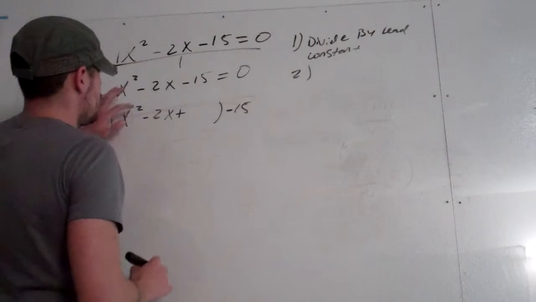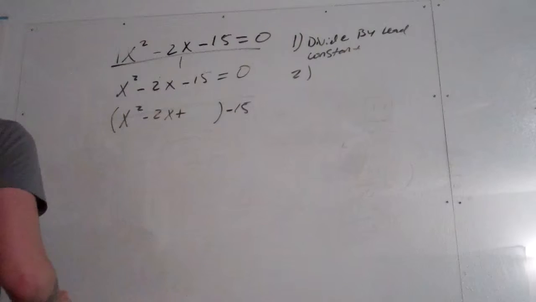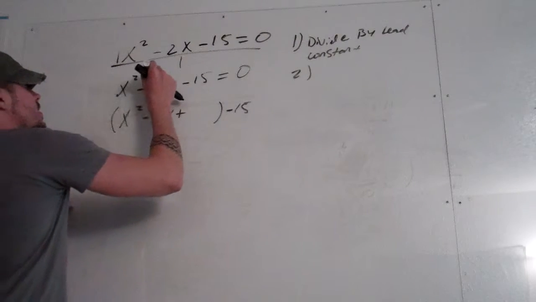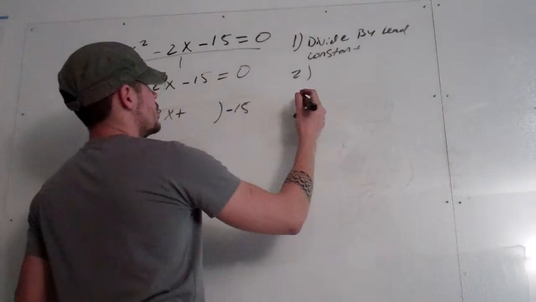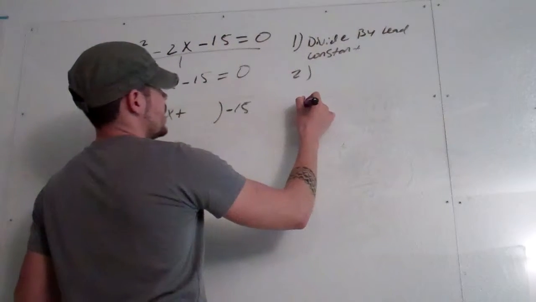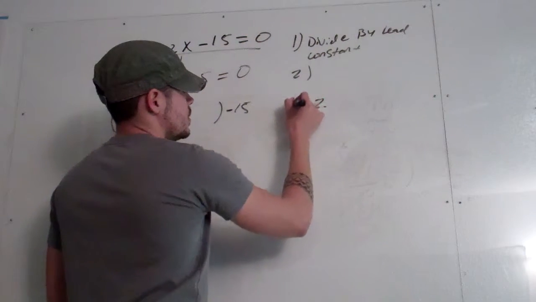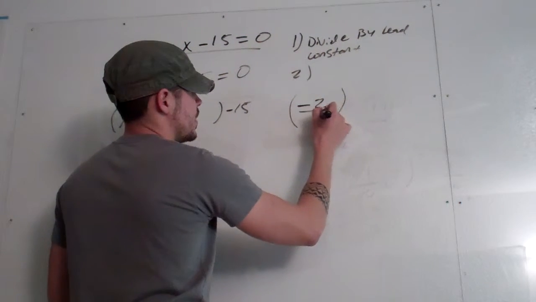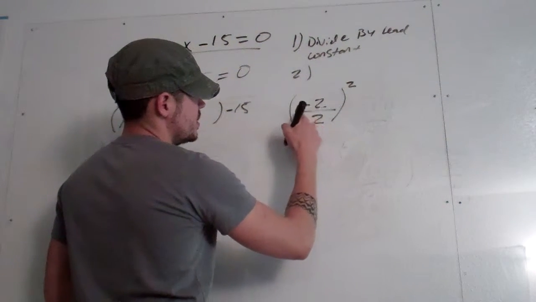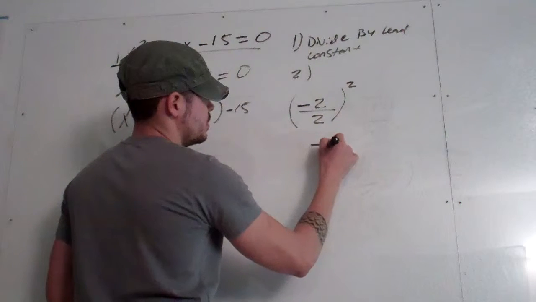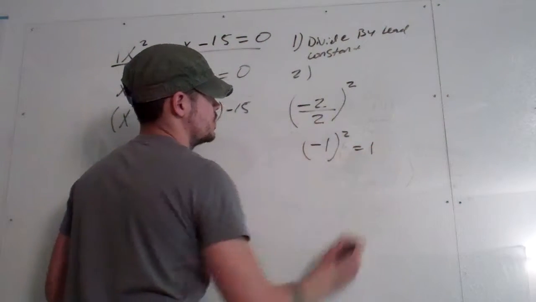Now, we want to take this b term right here, negative 2, in parentheses, divide that by 2, and square it. So what do you get? Negative 2 divided by 2 is just negative 1, squared, which is equal to 1.